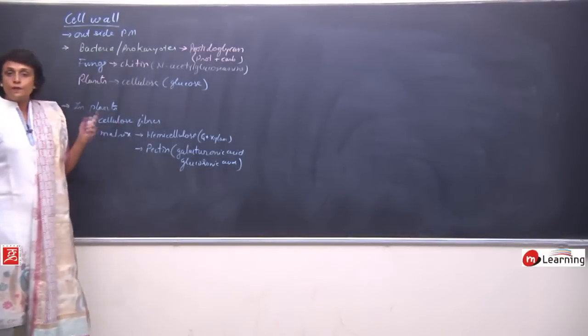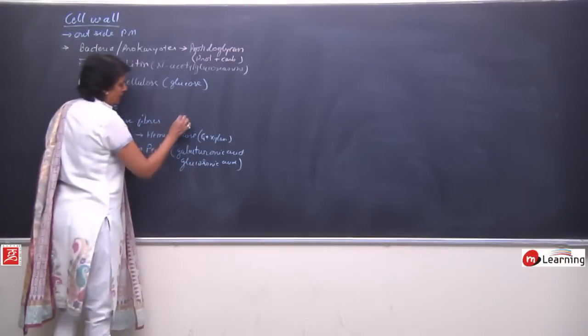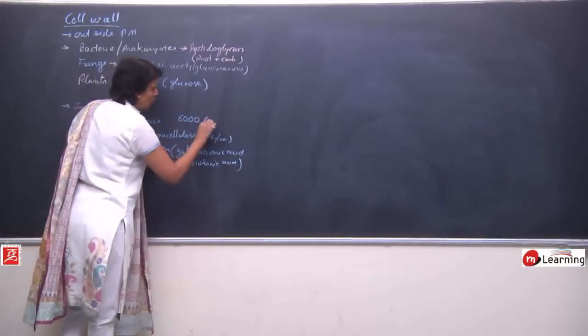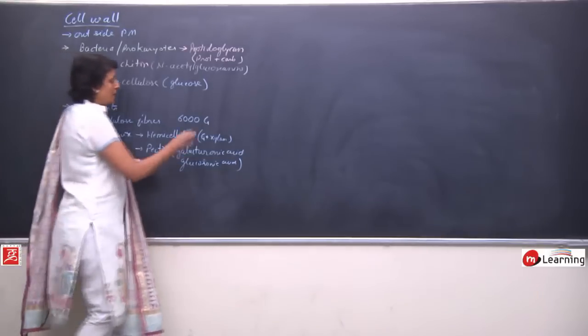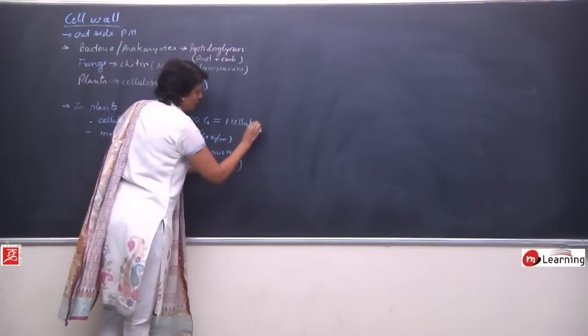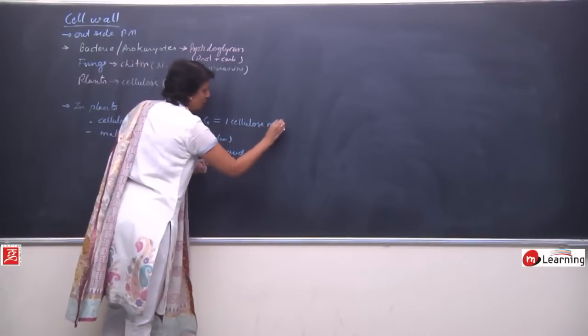What is a cellulose fiber made up of? 6,000 glucose molecules make one cellulose molecule.